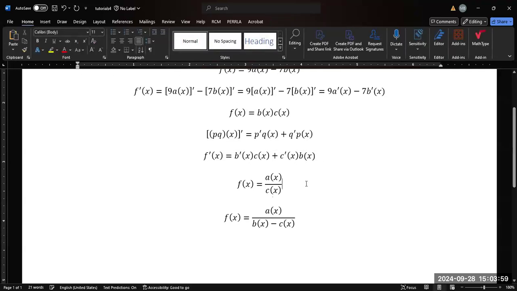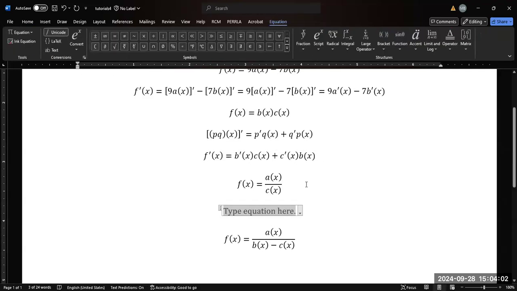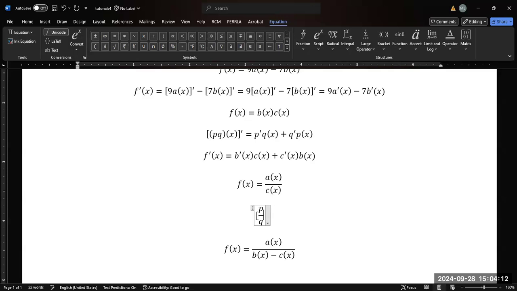Now, the next one, of course, is just the quotient rule. And so if you remember the quotient rule, the derivative of P over Q is P prime Q minus Q prime P, divided by Q squared.